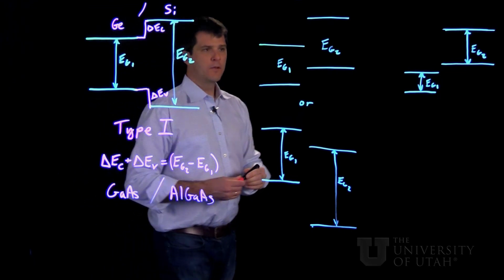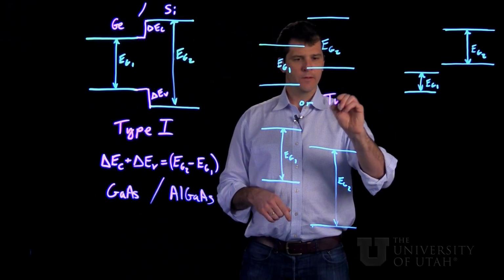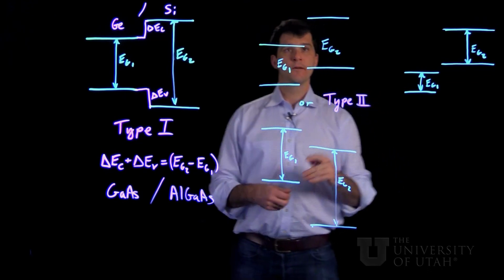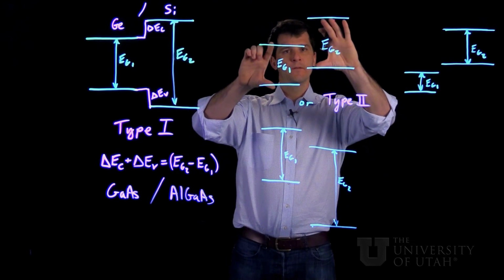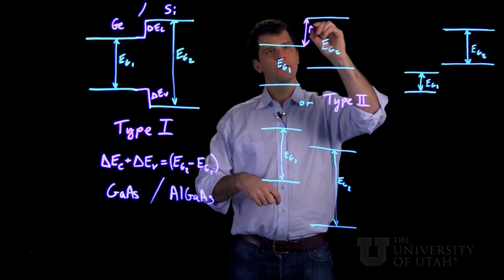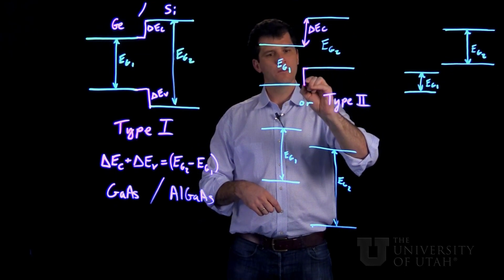Okay. The second type, also conveniently labeled as type 2, sometimes called the staggered band gaps. In this case, we would say delta EC is positive, while delta EV would be negative.